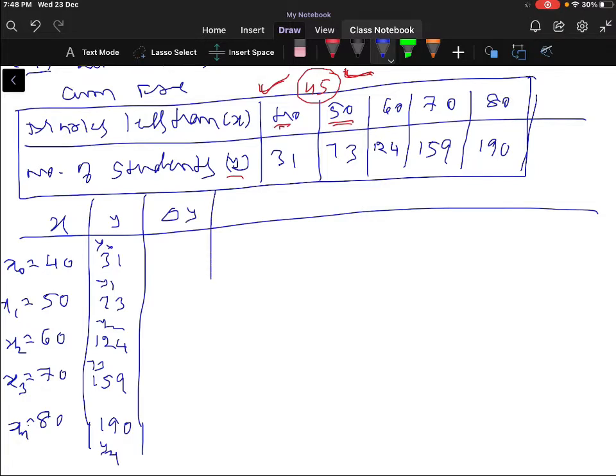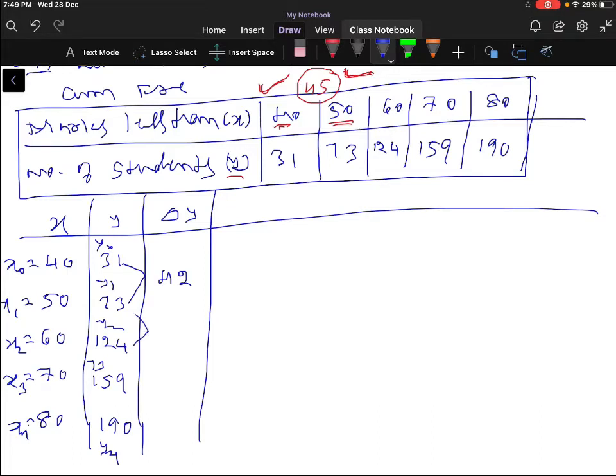Let us calculate the first forward differences. Delta y naught is 73 minus 31. 73 minus 31 is 42.